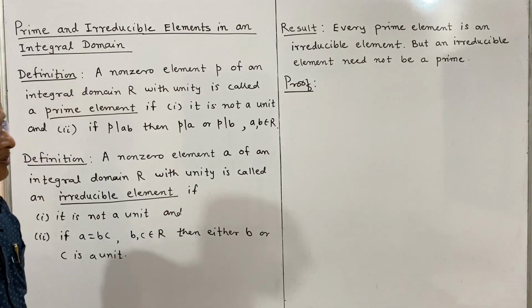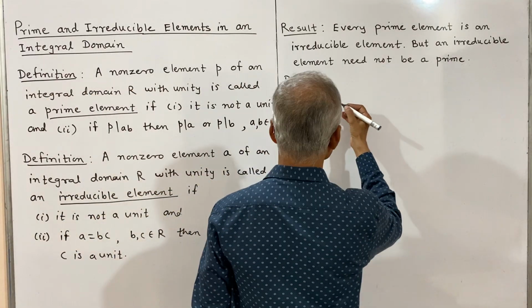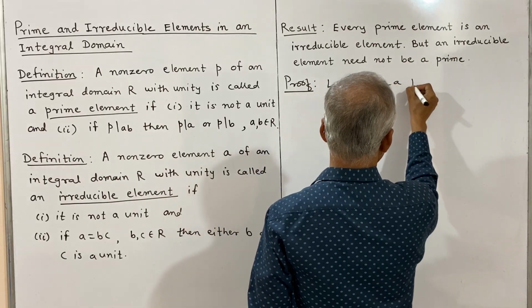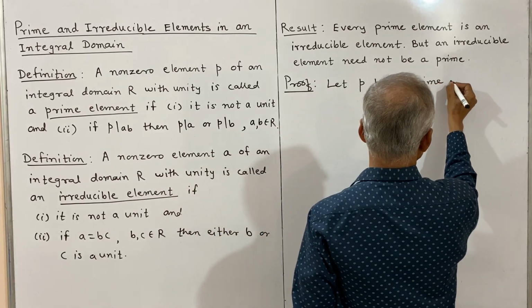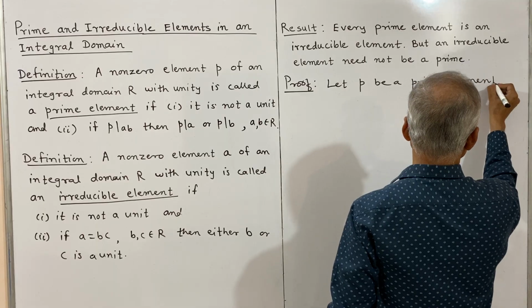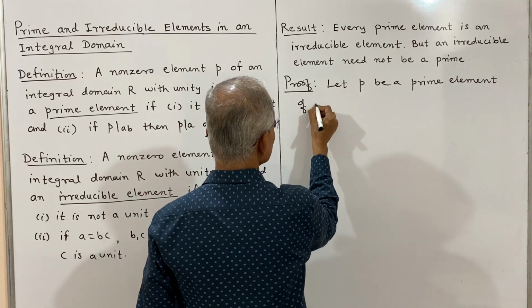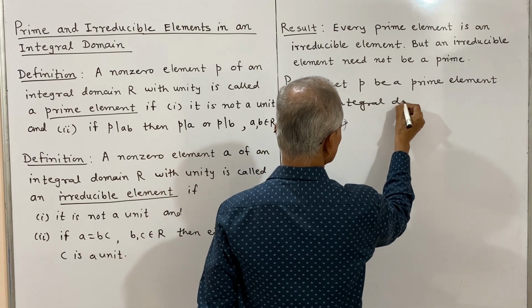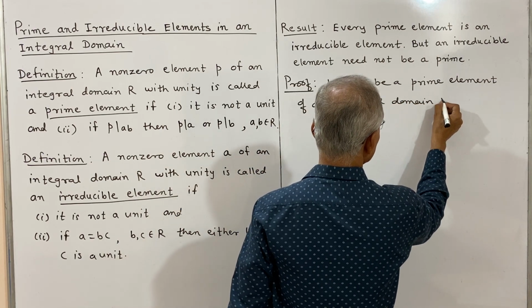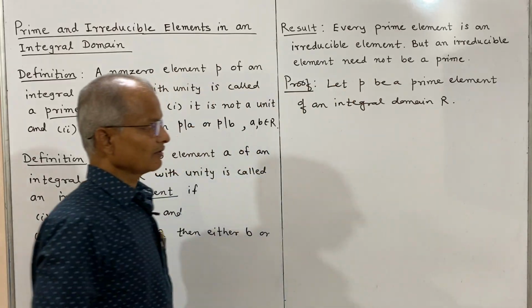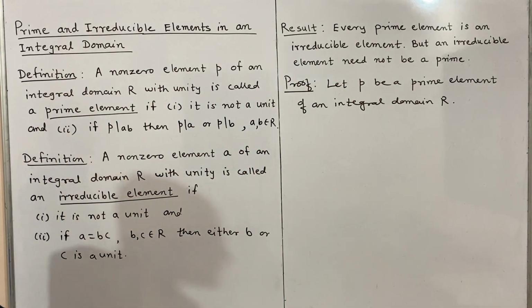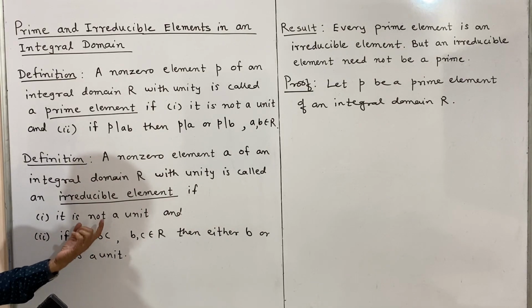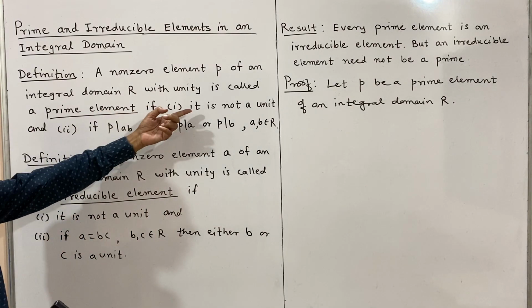Proof: Let P be a prime element of an integral domain R. We now want to prove P is irreducible. Since P is prime, it is not a unit.